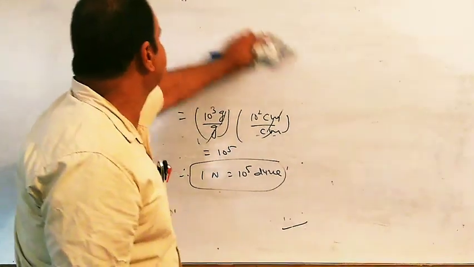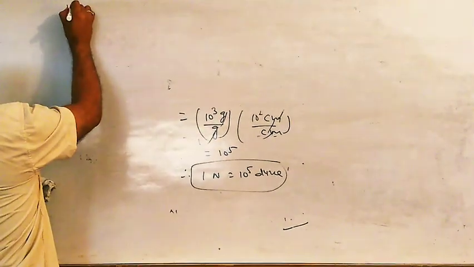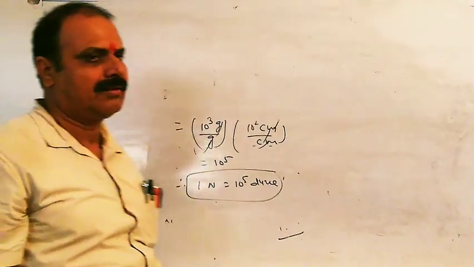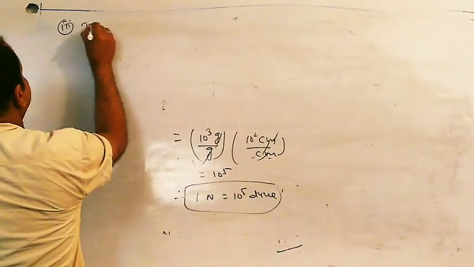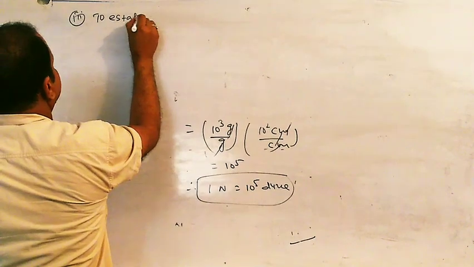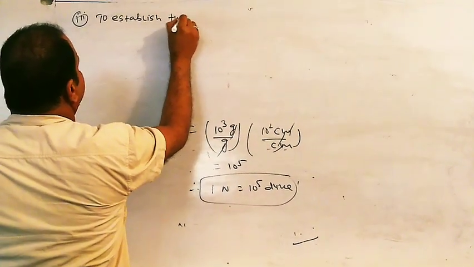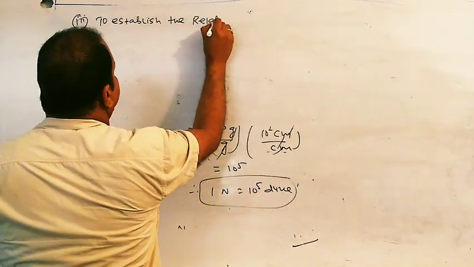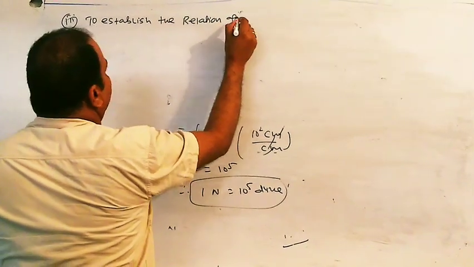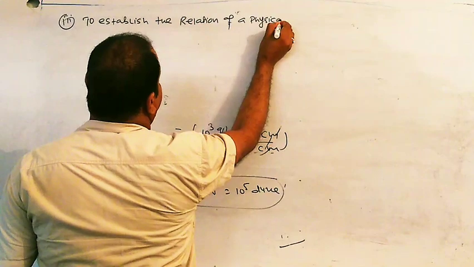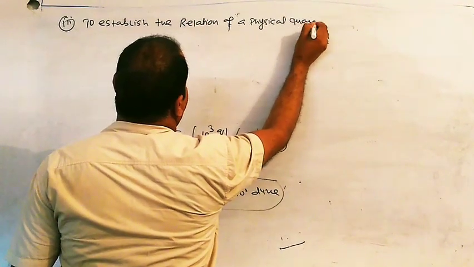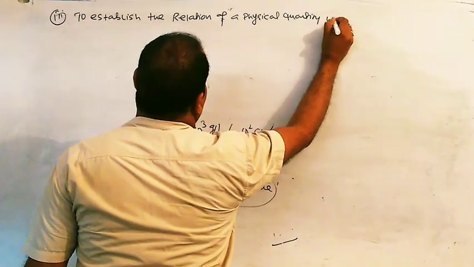The third is to establish the relation of a physical quantity with others.